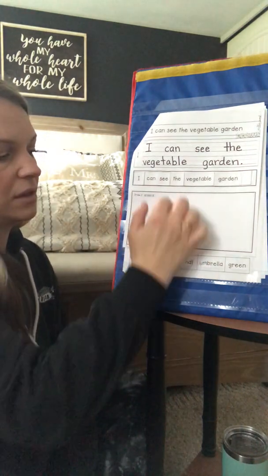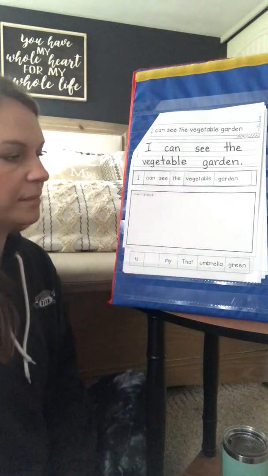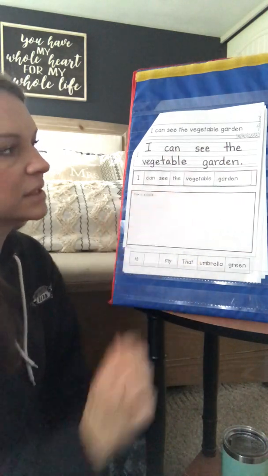What kind of vegetables could you have in your garden? Yep, carrots, good. Pea pods, good. Cucumbers, you could have pumpkins, tomatoes, onions. Green onions have the green long shoots that come out.